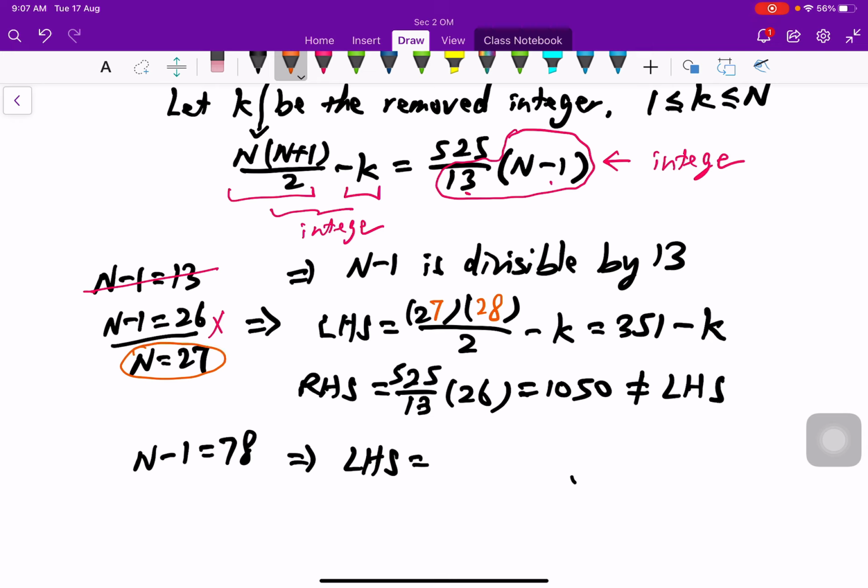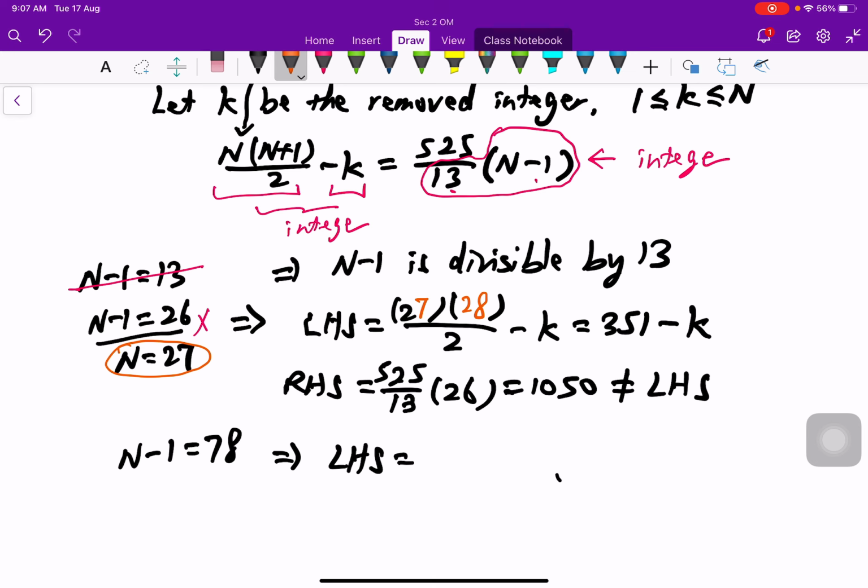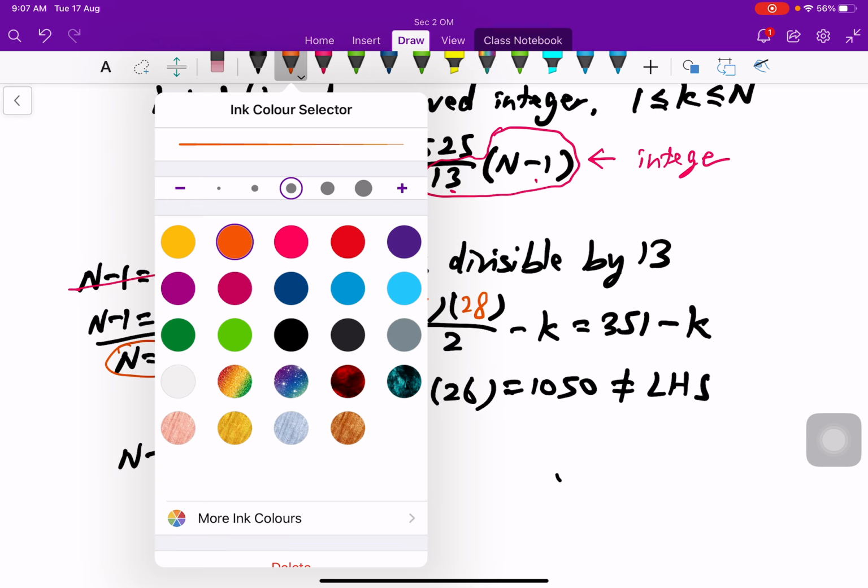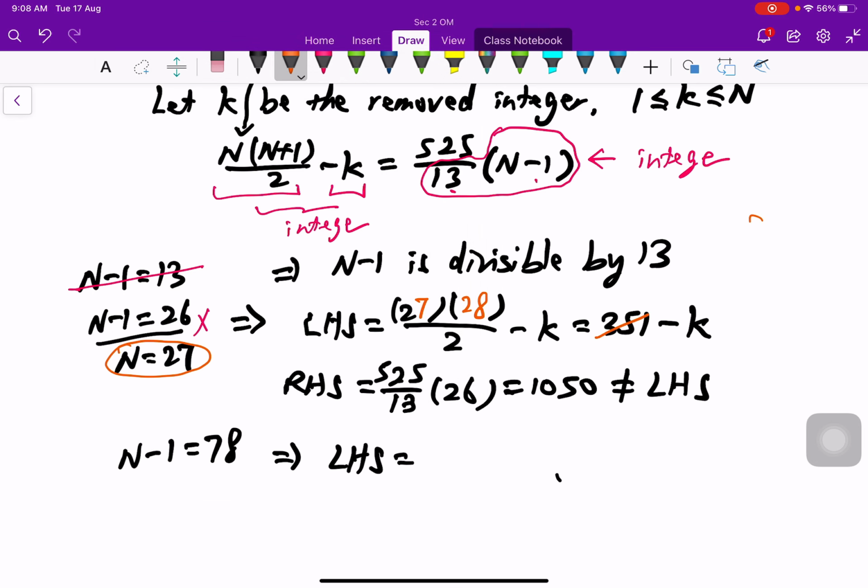Just to confirm the value, 27 times 28, I don't think is 351. Therefore, I think I computed wrongly. Can I just correct this so that I don't give you the wrong solution? This is 756. But anyway, this value is not equal to 1050. Therefore, I think the result is still correct.